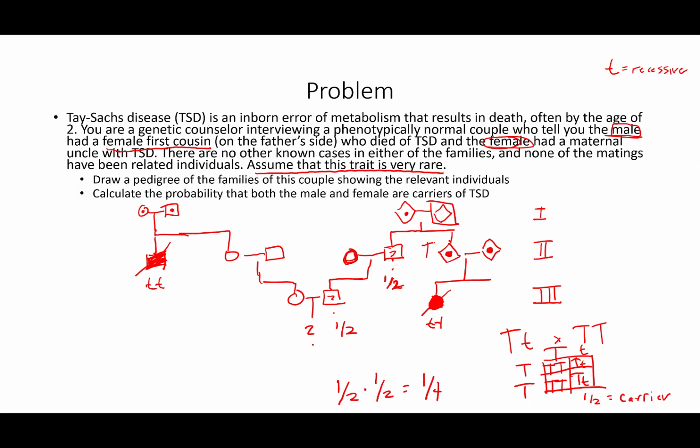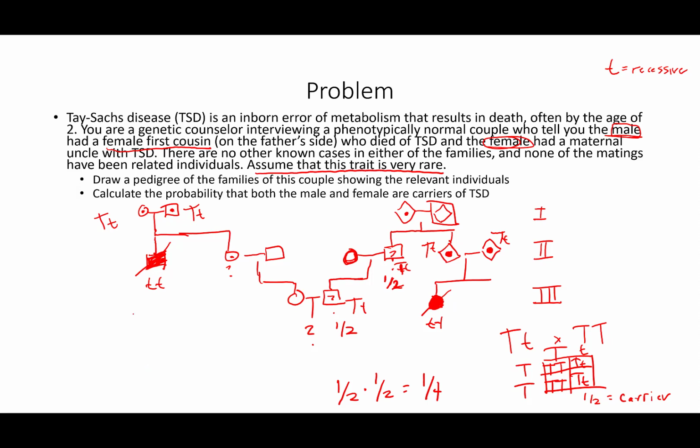This person had to be big T, little t, and this person had to be big T, little t. So both of these had to have been carriers. So now the question is, what's the probability of the mom being a carrier?